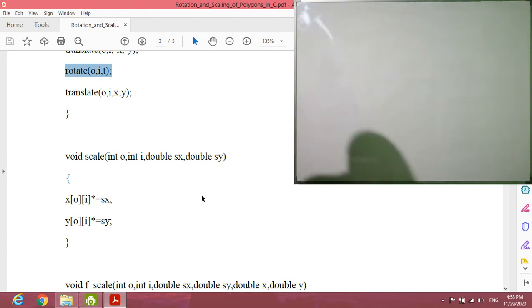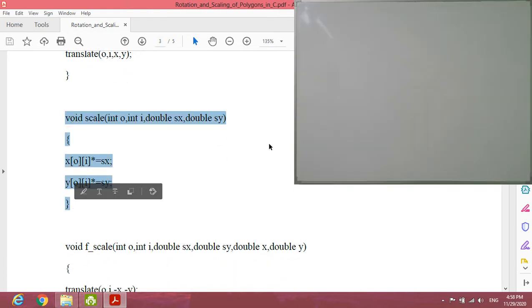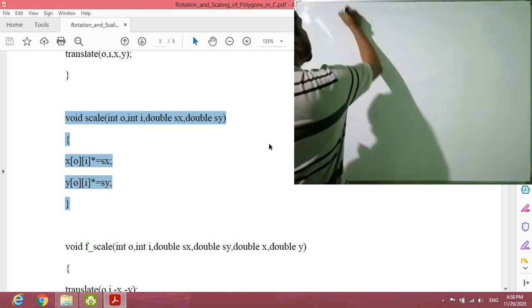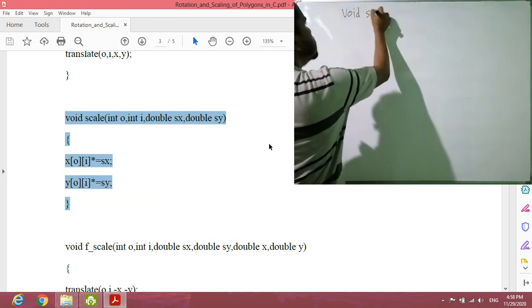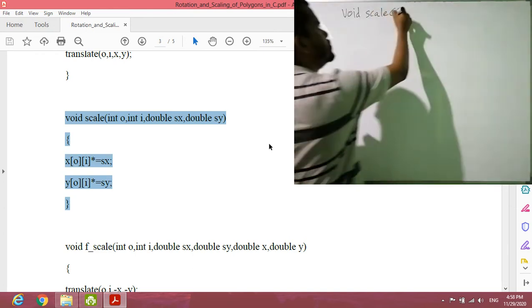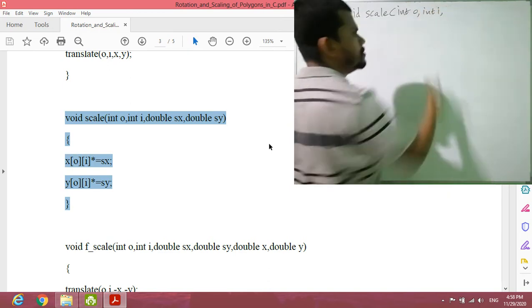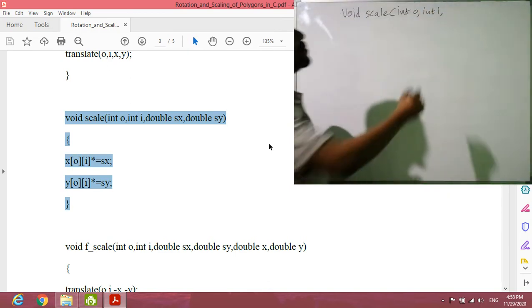Then we move to another function called scale: void scale, double sx.